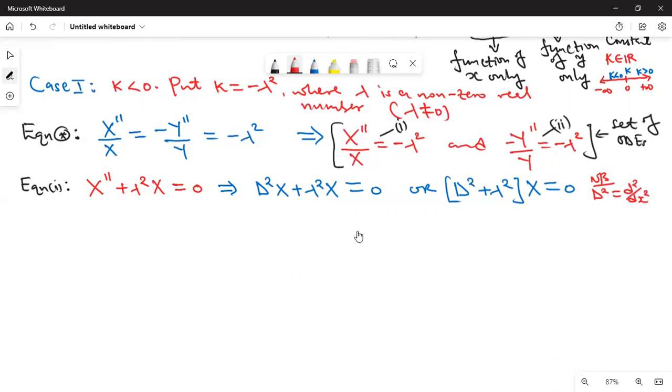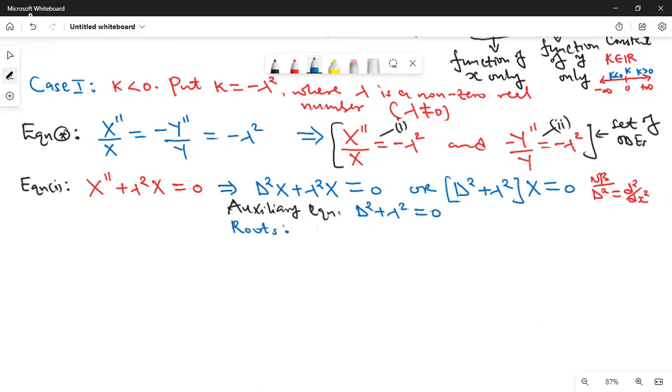So now our auxiliary equation is D squared plus lambda squared equals 0. And now you can get the roots.